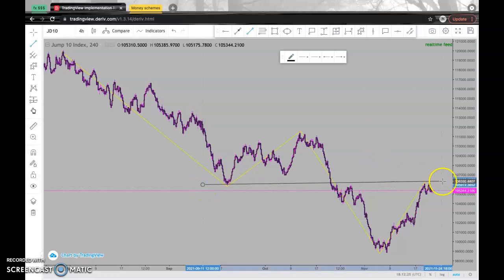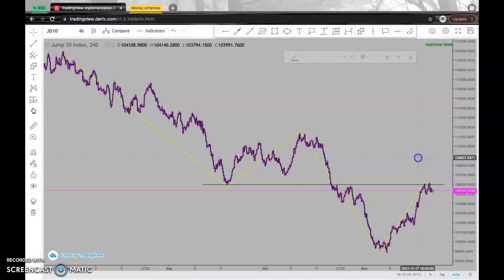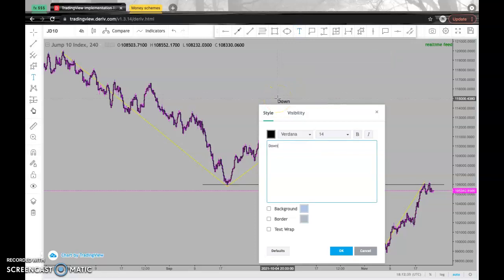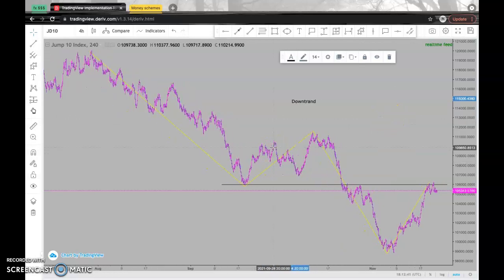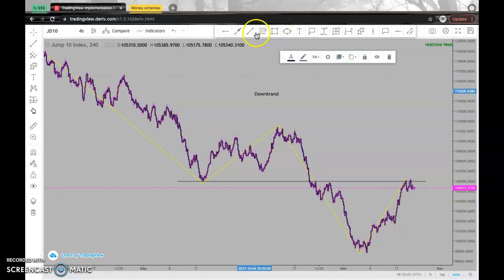As I've explained, as it passed this previous low, which confirms that, okay, we are actually in what we are to define as a downtrend. Okay, that's number one. This is on the 4-hour time frame. Okay, so this is our impulse, and we can see that this is our pullback.